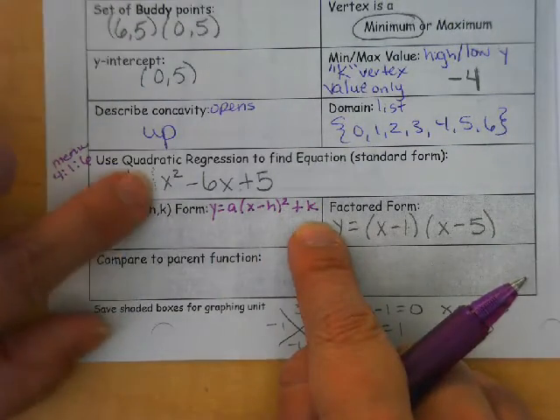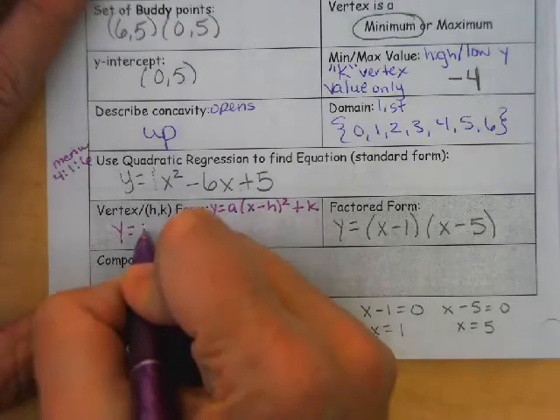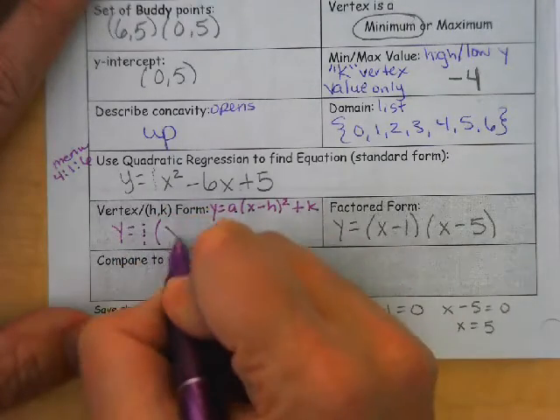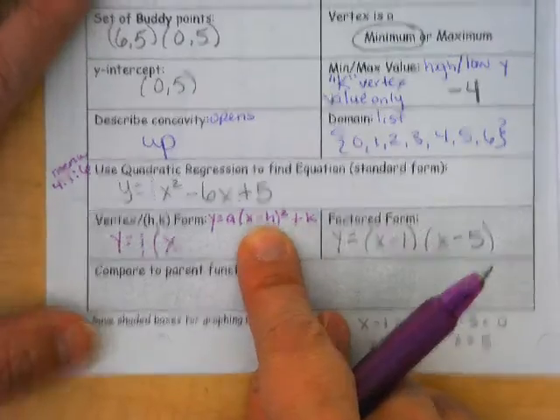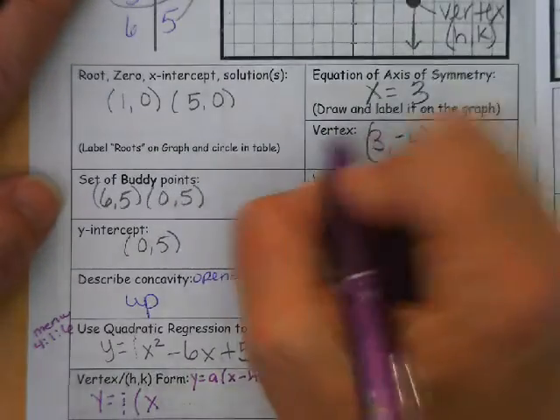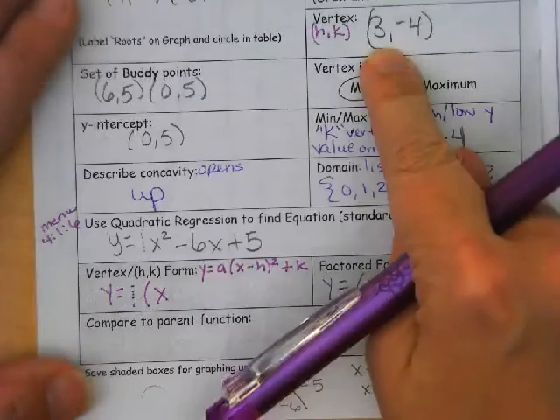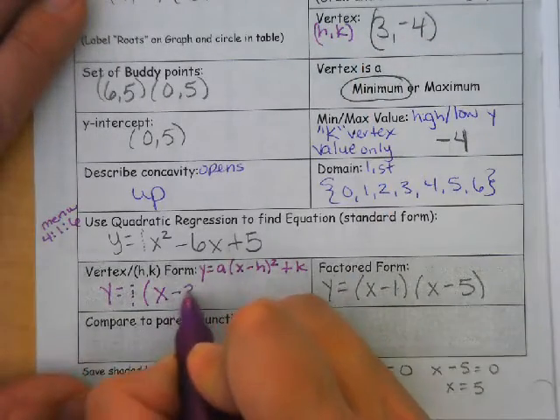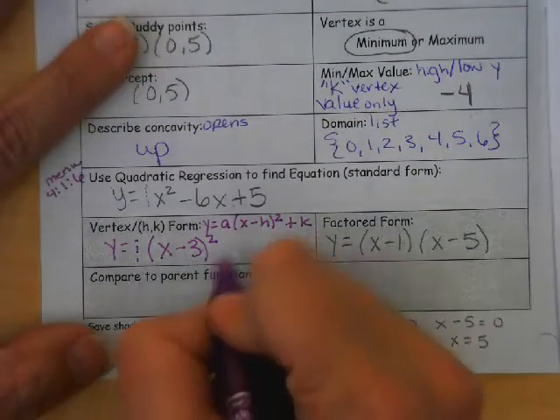We already have A. A is 1. We can write the 1 if we want. X minus, what was my h? What was my vertex? Remember, vertex, this is my HK. So minus 3, quantity squared because it is a quadratic. What was my k? -4.